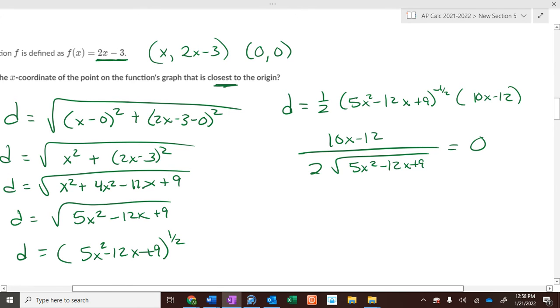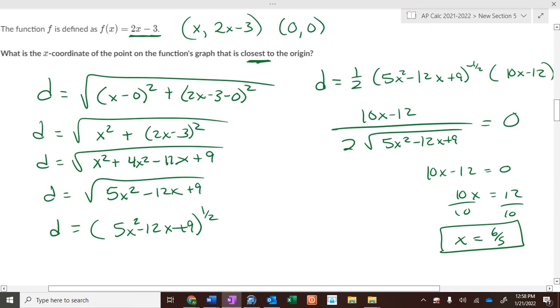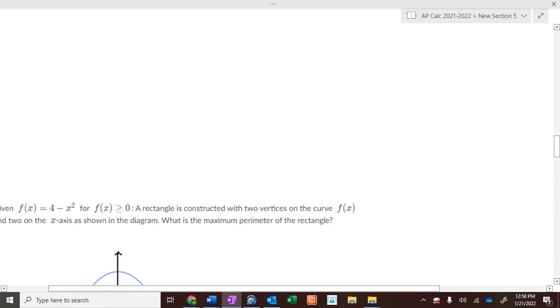Well, if I set it equal to 0, does the denominator even matter? No, it's the numerator. 10x minus 12 equals 0. 10x equals 12. Divide by 10. x equals 6/5. So at the point 6/5, I'm going to be the closest to the origin out of any point there is. Okay, optimization.